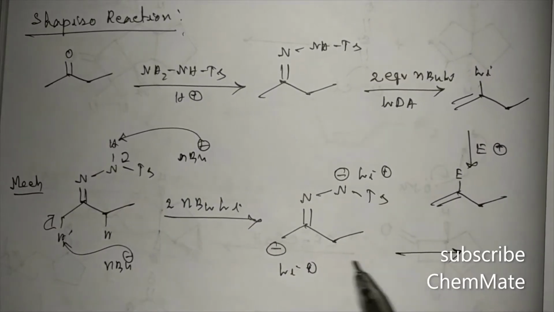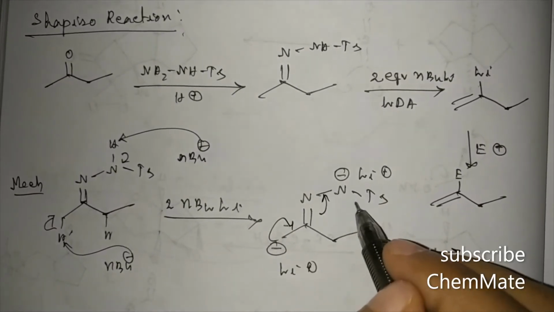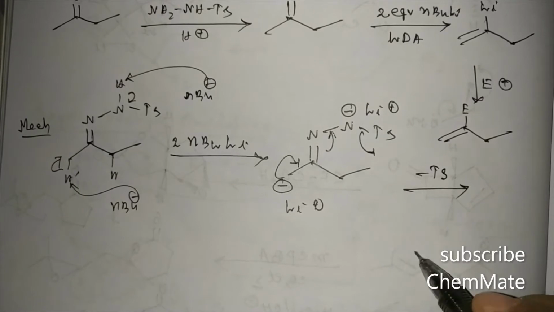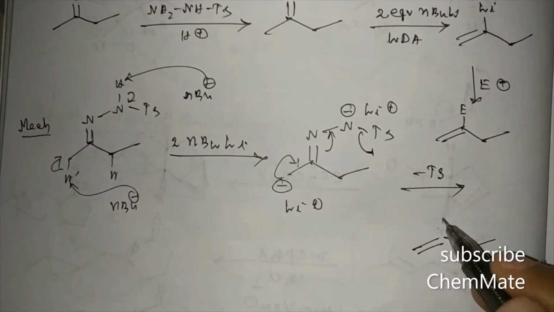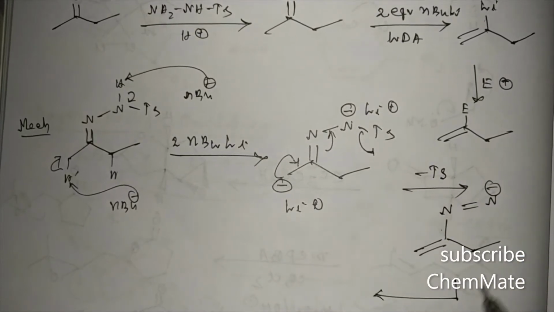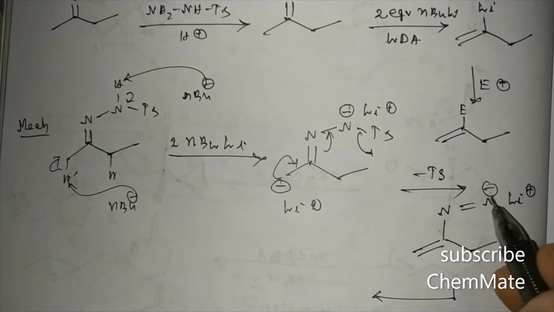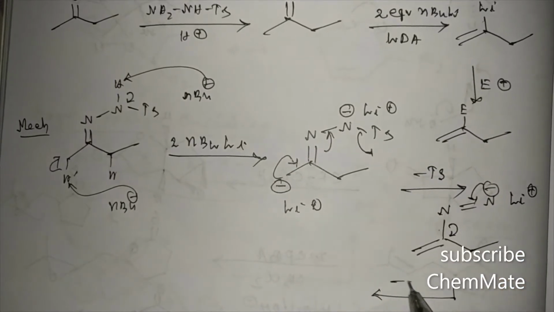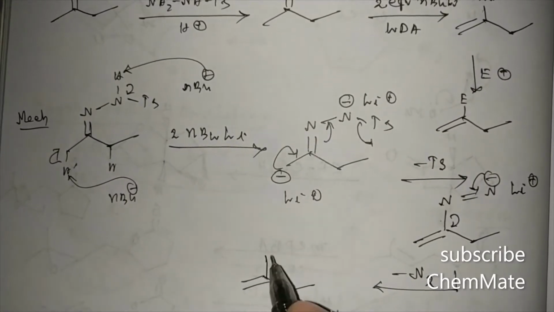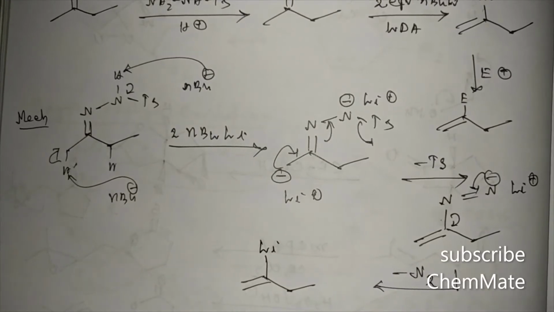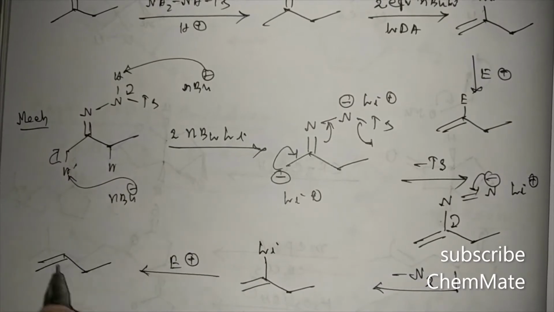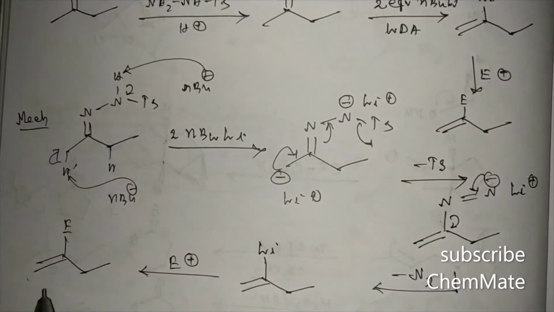From this dianion, the tosyl group will be removed, now one molecule of nitrogen will be removed, so the alkenyl lithium species will be formed. Now if it is treated with an electrophile, the less substituted alkene will be formed.